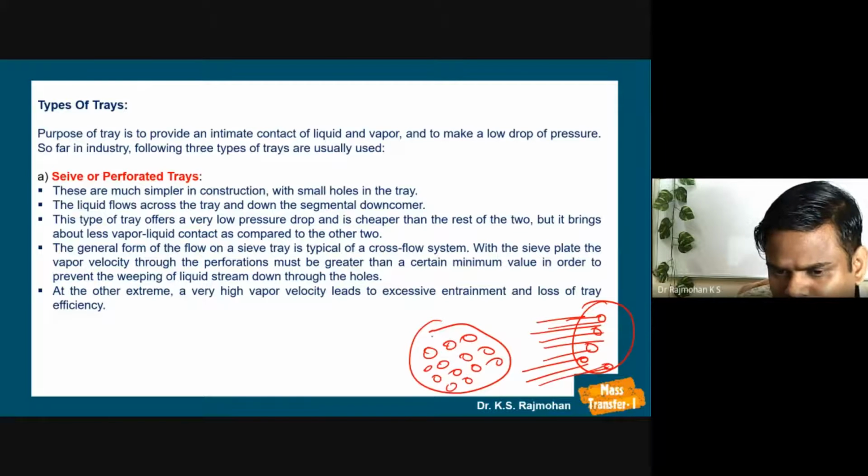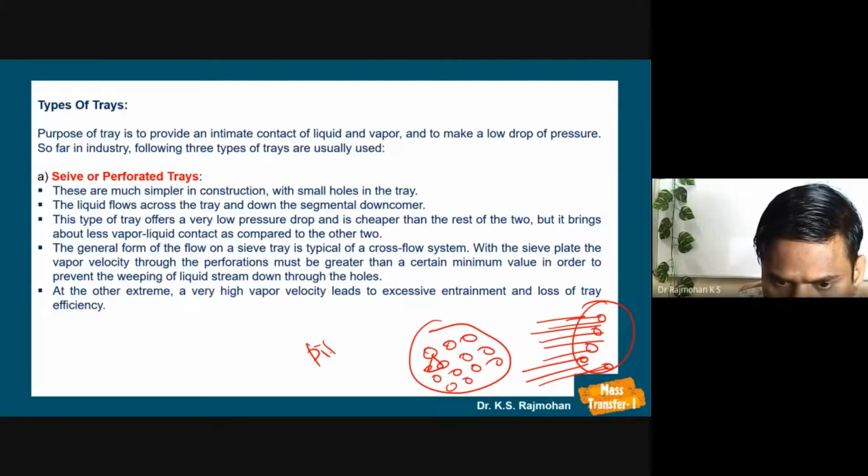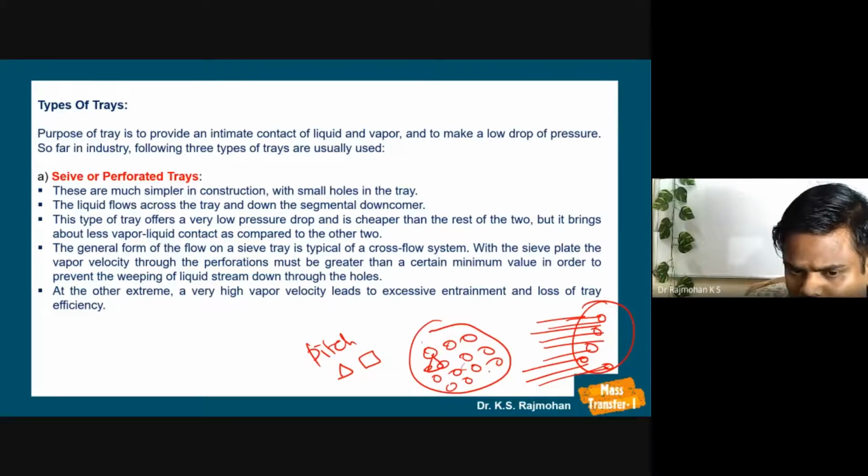If you look at the cross section, it can be a triangular pitch or a rectangular pitch. Same thing here, a sheet with holes.